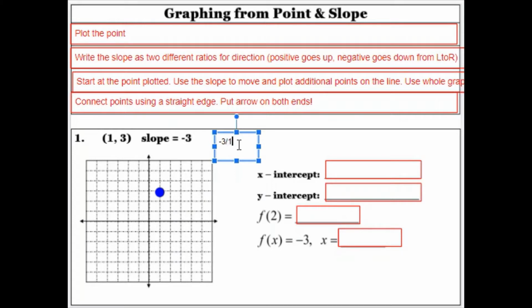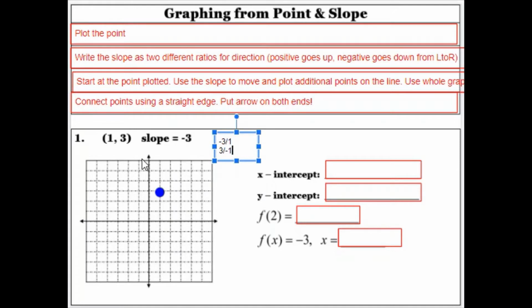So I could say it's -3 over 1, or you could say it's 3 over -1, because those would both equal -3. So that means that I could go -3 as my vertical shift, which would be down in a negative direction, and then 1 in the positive direction, which would be right, or +3 vertically, so that would be up, and then left.